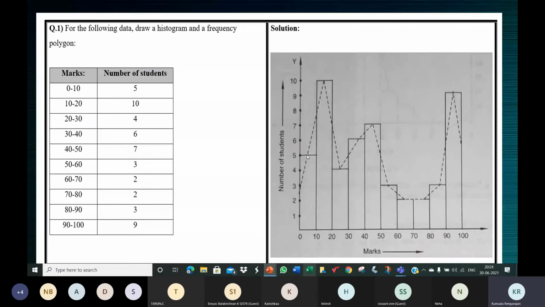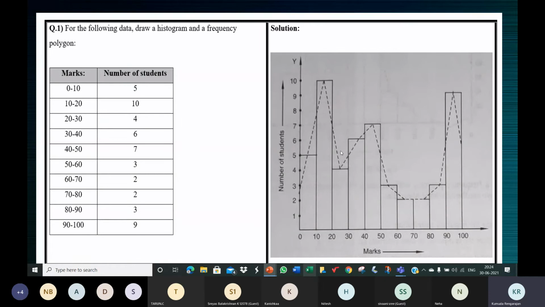Use a scale and a pencil. You have to start from here. You would have marked this midpoint here. So this midpoint and this midpoint, join with a scale. Then this midpoint and the next one, join consecutively, one after the other, children, not randomly.